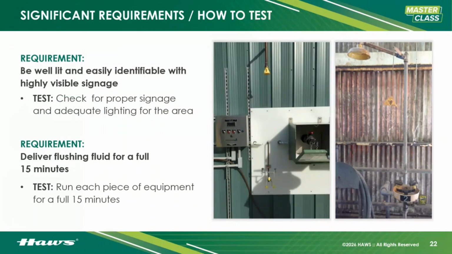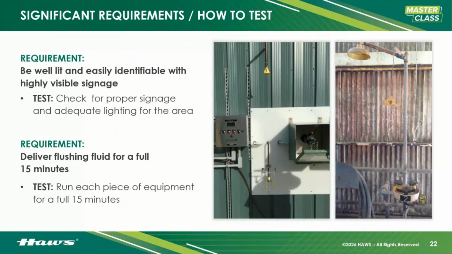So make sure they're well lit. They have signage that easily identifies these. You can imagine the ones here on the right. If you're just out there working, these blend a little too well into their environments or may not stick out clearly as emergency equipment. They have to be able to do so. Okay, so check for signage, check for excellent lighting in the area.